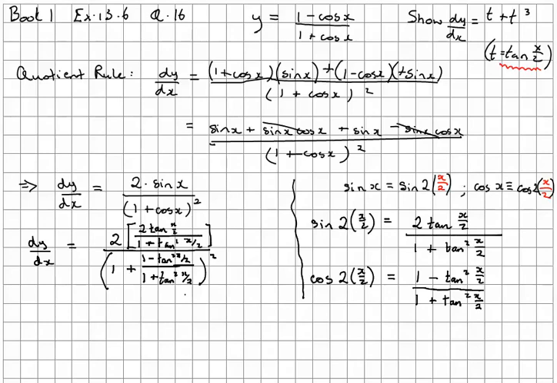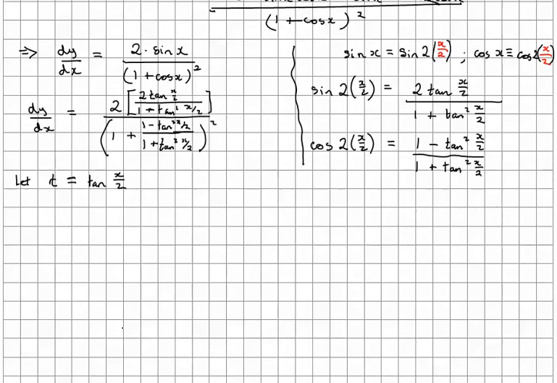Okay. Now at this stage it's going to be easier for writing down to let, as they suggested, t equal tan x over 2. Okay?